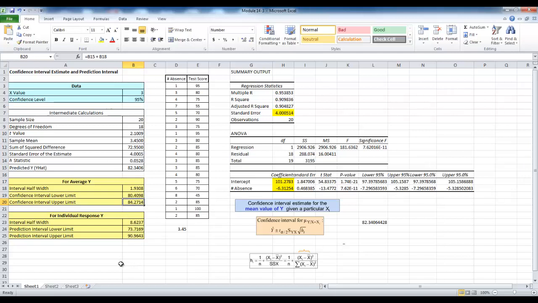So we can conclude that, for the overall class, if the students miss 3 times, their mean grade will fall between 80.40 and 84.27, with 95% confidence.